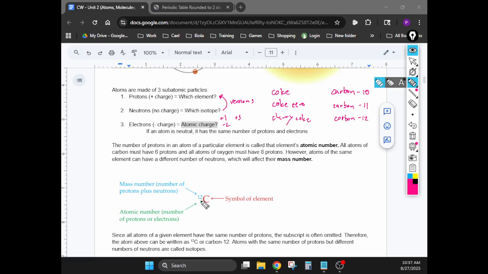So on the top left of the symbol, this number right here is called the mass number. An easy way to think about the mass number is just the number of protons plus the number of neutrons. So on the top left is where we denote the mass number, and the mass number is basically how many protons and how many neutrons are inside of that atom.